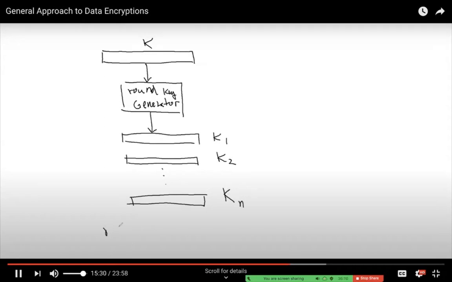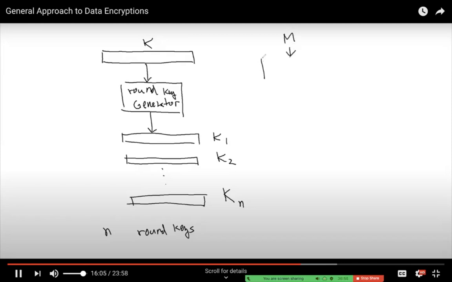So we get n round keys. Sometimes each round may need more than one key, but in general, let's say each round needs one key. So that's K. So this is for round key generation.